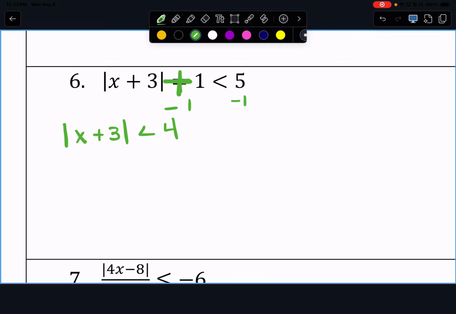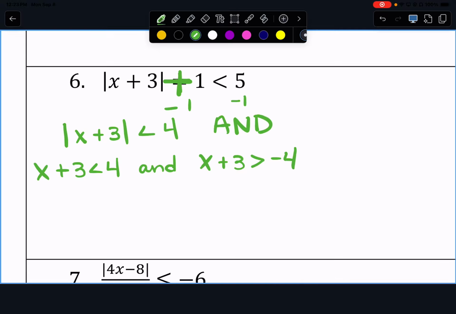4. Okay, so that is a less than inequality. So is that and or or? It is and. So we will get x plus 3 is less than 4, and x plus 3 is greater than negative 4.